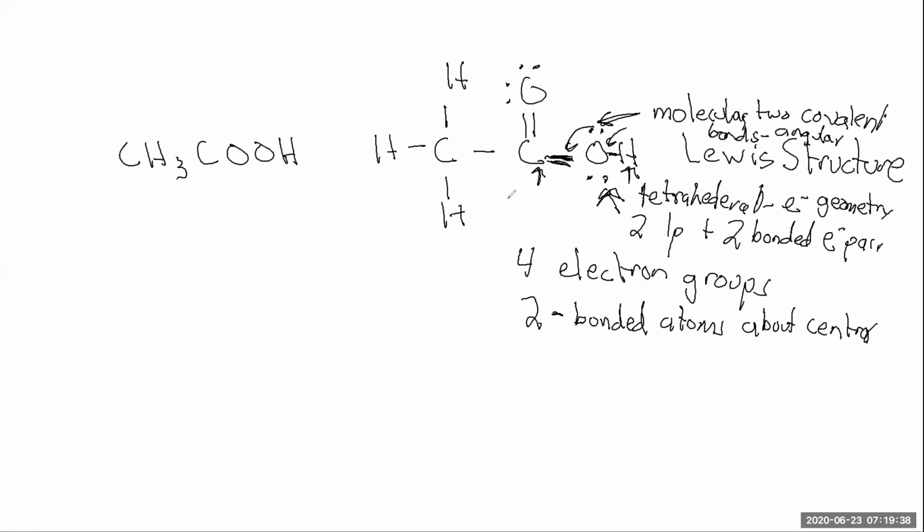Okay, now this carbon atom here has three bonded groups, no lone pairs. So the electronic and molecular geometry are trigonal planar.